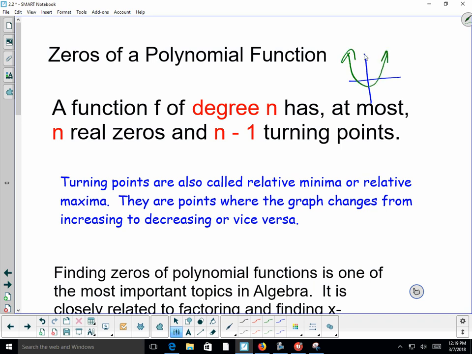It's going to have at most 2 real zeros. Well, the graph I just drew has 2 zeros. It's crossing through the x-axis in 2 spots. Is it guaranteed to have 2 zeros? No, because it could have just 1 zero, or it could have no zeros. Are you with me? No real zeros. Remember I said, if it's degree 2, you're guaranteed to have 2 zeros. They might be real, they might be imaginary, they might be repeated.